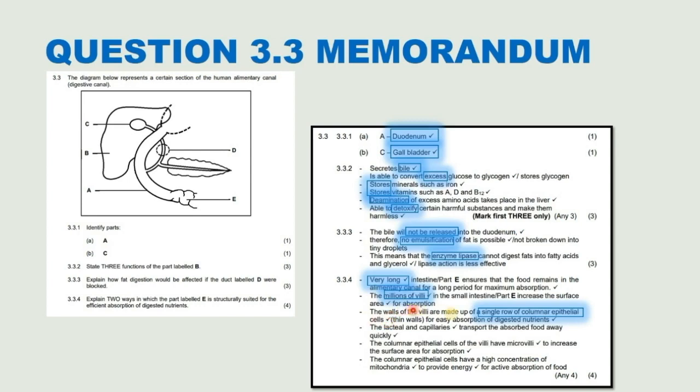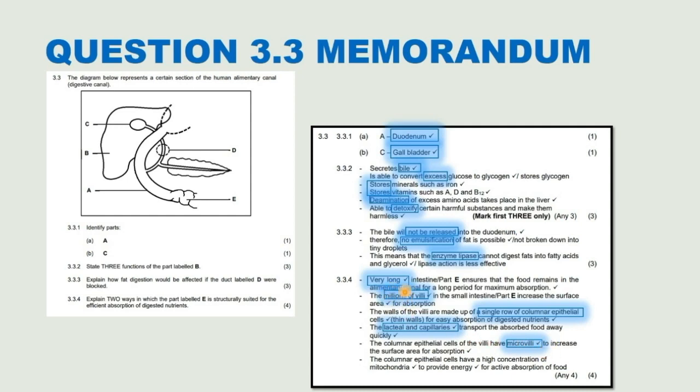Then the walls of the villi are made up of a single row of columnar epithelial cells. So this actually facilitates diffusion. Then it contains a lacteal and blood capillaries. So this is also to facilitate transport and absorption of digested nutrients. Then the columnar epithelial cells also contain microvilli.